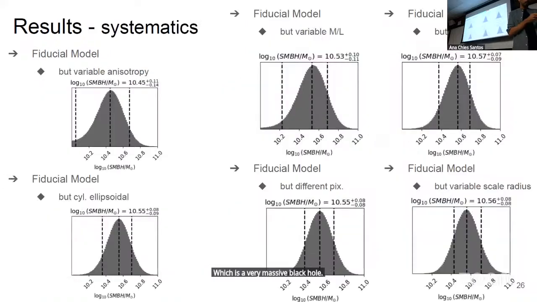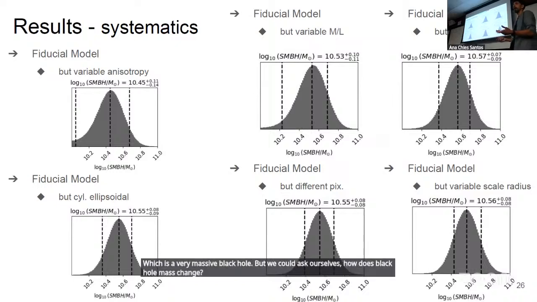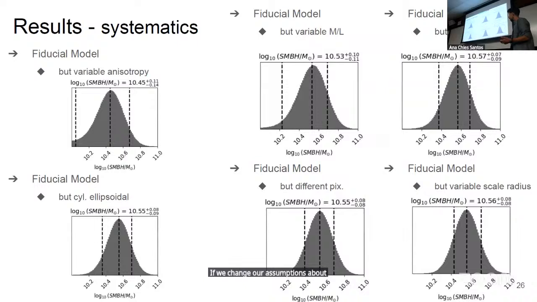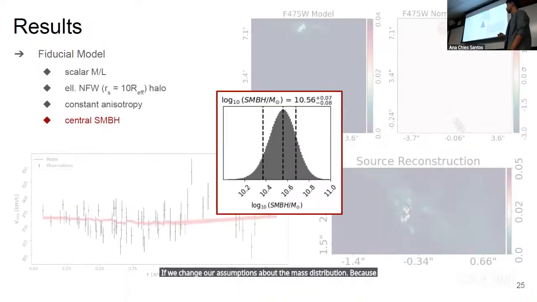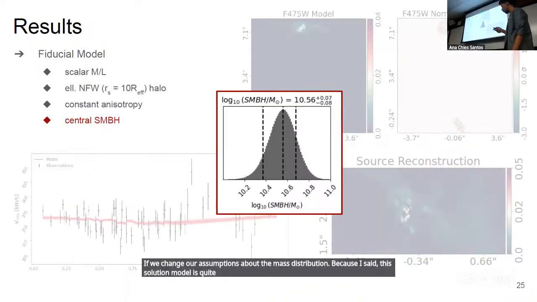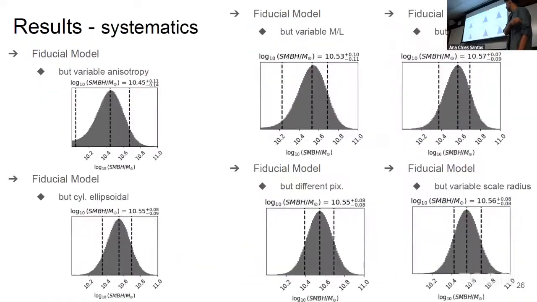But we could ask ourselves, how does the black hole mass change if we change our assumptions about the mass distribution? Because I said this fiducial model is quite simple, but what if we change some assumptions related to it? So here we have a lot of tests around the fiducial model.